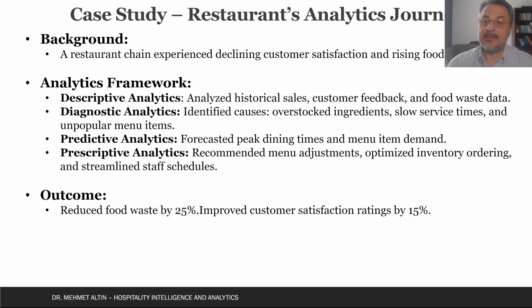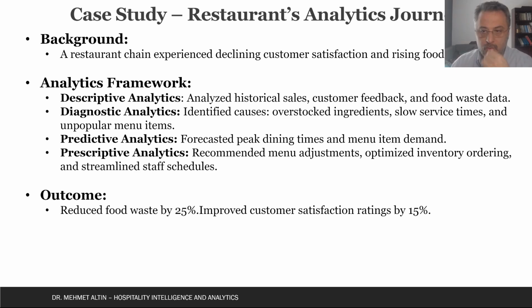First, descriptive analytics provides a clear picture of the problem. By analyzing historical sales data, customer feedback, and kitchen inventory reports, managers notice recurring patterns of food being wasted and slow service times affecting customer experiences.